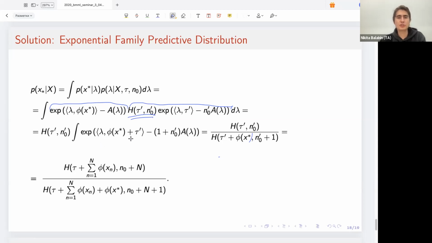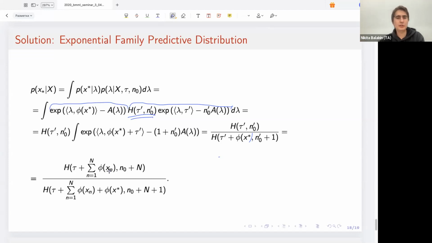And we see that under the integral, we again have the same distribution, but with new, so-called updated, parameters. So we just obtain inversed H with such parameters. Additionally, we can also substitute the posterior parameters with the initial ones, because we know the updating rule.